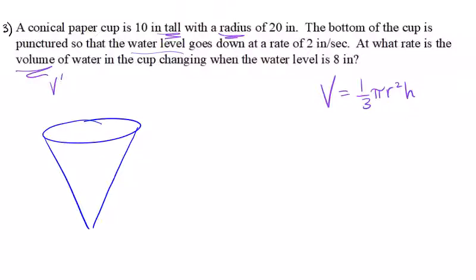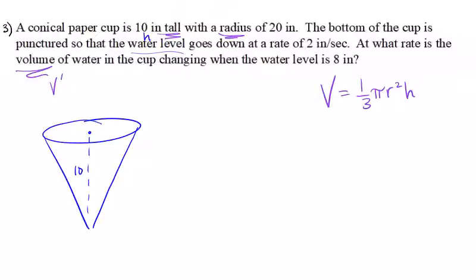So anyway, we have this cone, and what we know about it is that it's 10 inches tall, right? So the 10 inches is the height. Okay, so that's the height of our cone. So when they say how tall it is, that's in reference to the height of our cone.